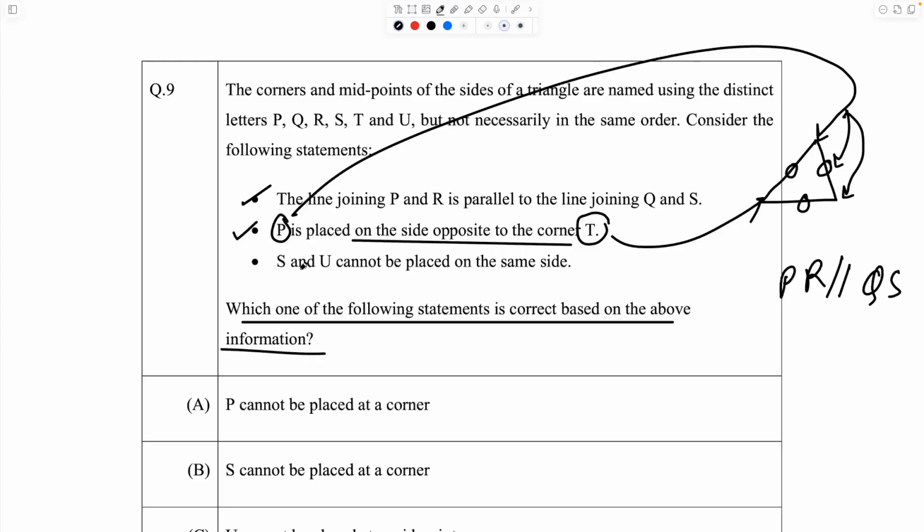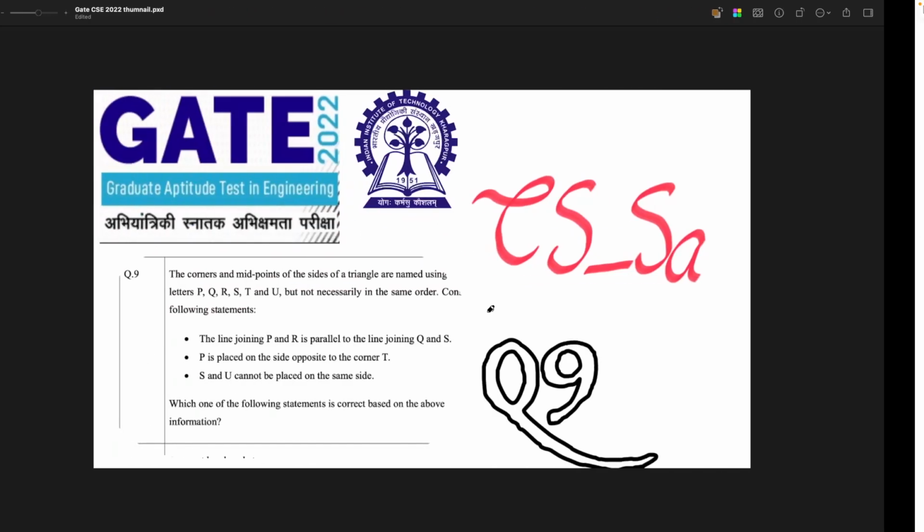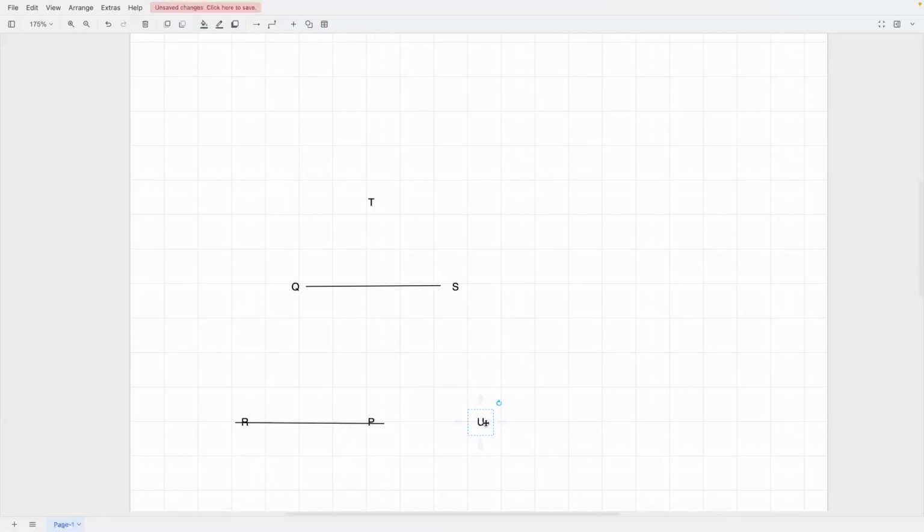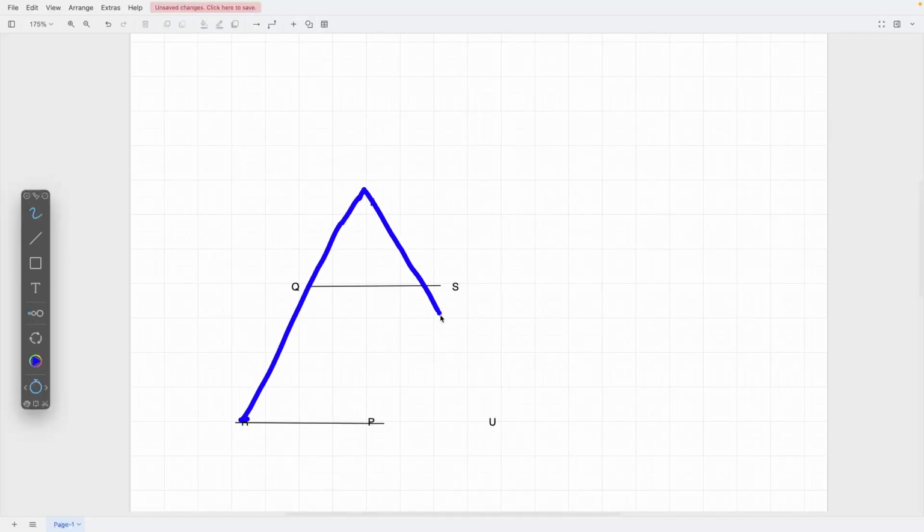Now the constraint that U cannot be placed on the same side as S, right? When U is present over here, this is the triangle that is being formed, and S is over here, U is over here, so they are on the same side. That is undesirable to us.